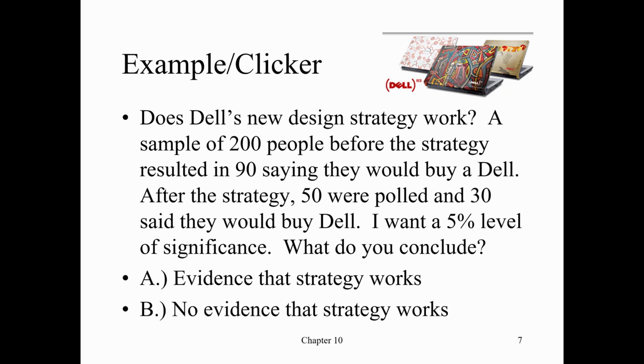Okay, so the order before and after, before should be less than after. Okay, I could switch it and put the after first, but then I would have to switch the sign to, or I'm sorry, greater than, because the proportion buying Adele after the strategy should be greater than the before.